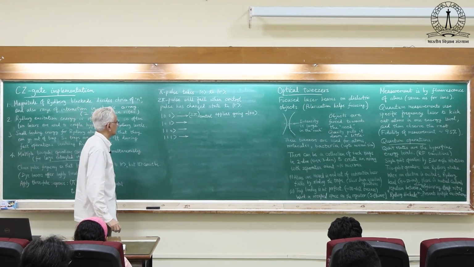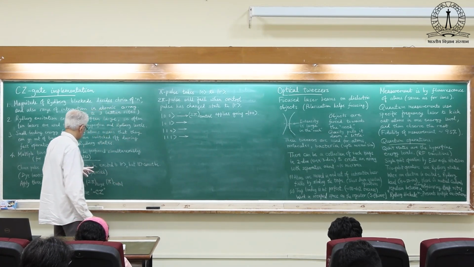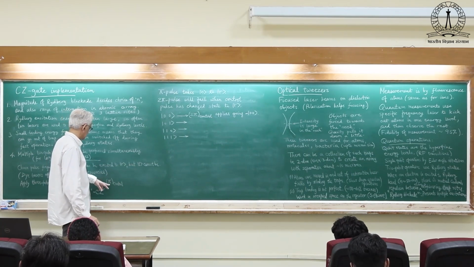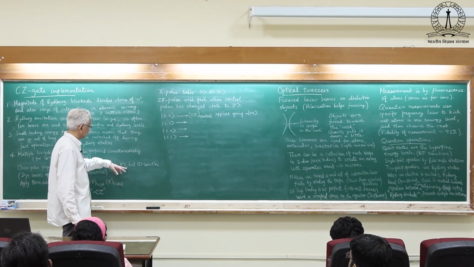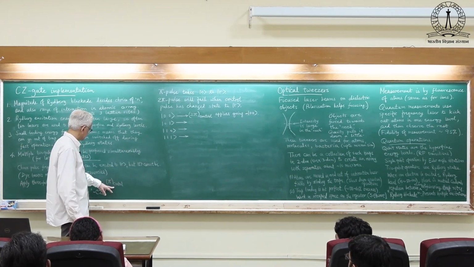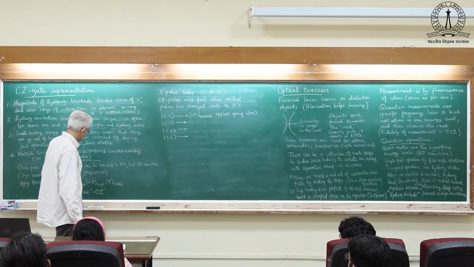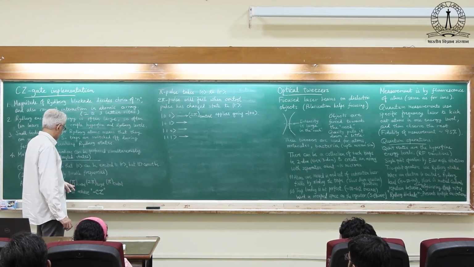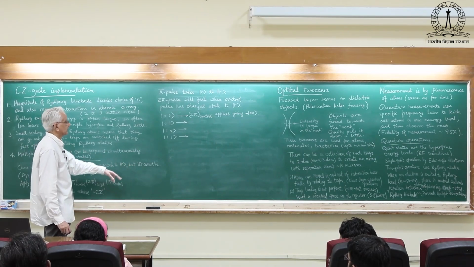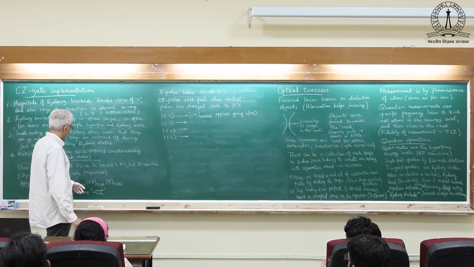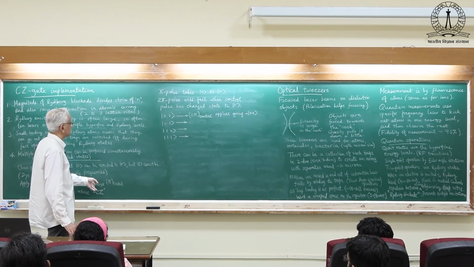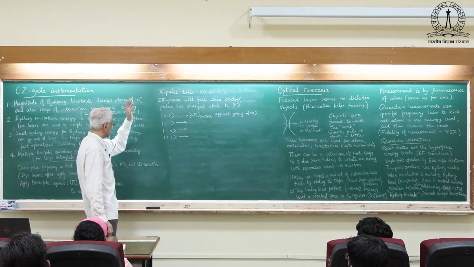It is easier to see what happens because if this is in state 1, these control pulses are going to fail because this cannot get excited, and the result is that in this particular case there is no Rydberg excitation.